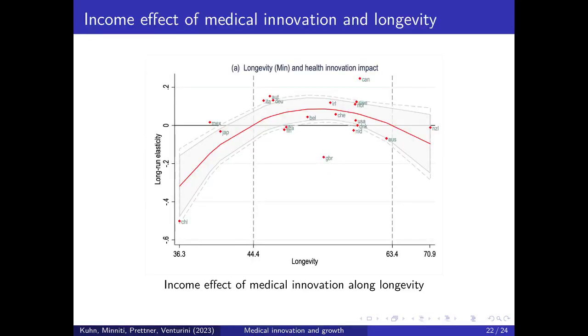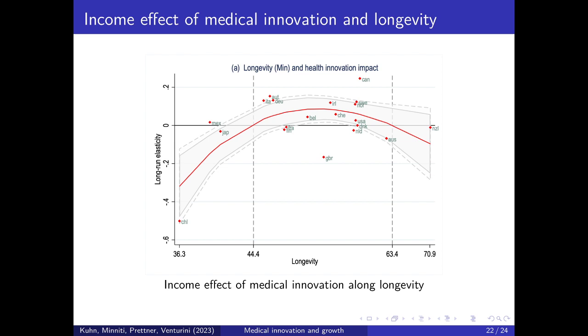Now we can also put together the effects of longevity and medical progress on economic growth and estimate this effect country by country here actually. And what we find for this combined effect is that for low levels of longevity, the combined effect is negative and significant. For intermediate stages of longevity, it's positive and significant. And for late stages with a high level of life expectancy, the point estimate turns negative again, but it's not yet significant.